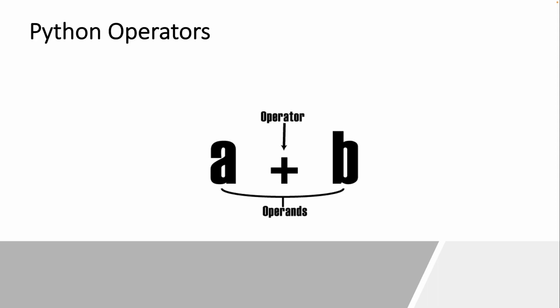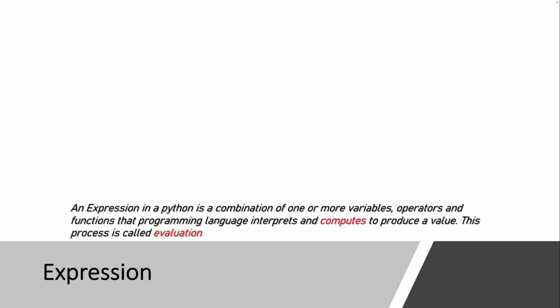So we have seen these operands and operators. Operands and operators combined together make up an expression. Okay, so suppose you take this one. How do you represent the area of a circle, area equals pi r square, which is an expression.